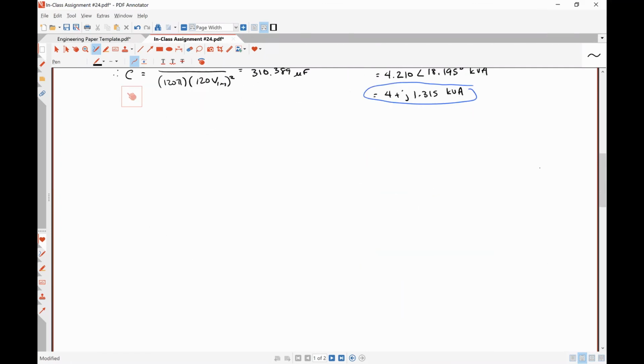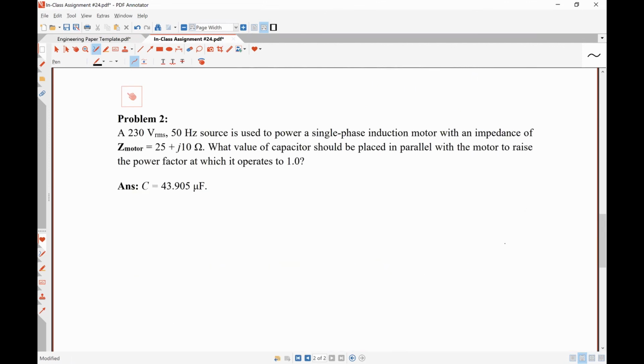I'm good. So number 2, apparently we're in Europe because we have a 230 volt source at 50 hertz, used to power a single phase induction motor with an impedance of 25 plus j10 ohms. We want to know the value of the capacitor that should be placed in parallel with the motor to raise the power factor to 1.